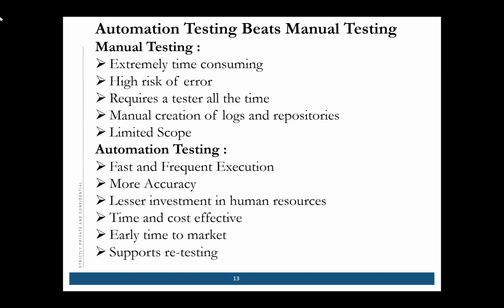When you are manually testing, it can happen that one time you have calculated correctly, but the next time you have not, and there could be a possibility of error. So it requires a tester all the time, whenever you want to execute your test cases again and again, a manual tester is required.